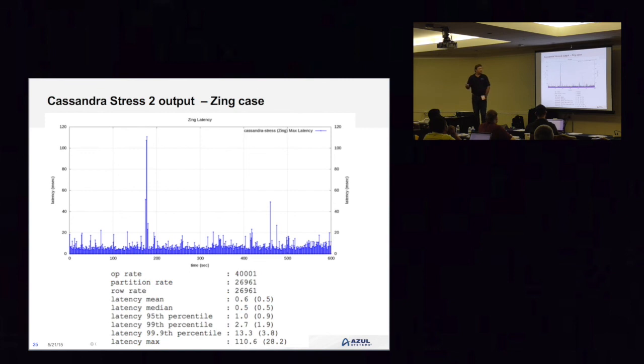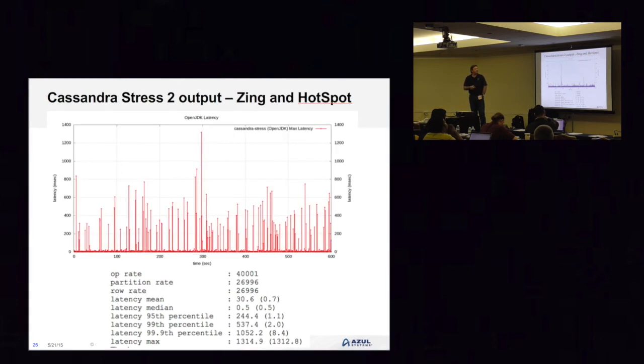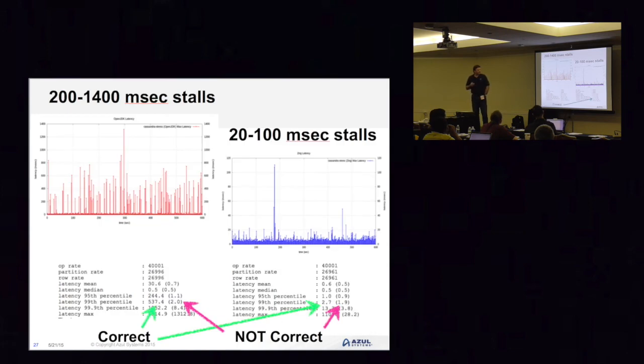And here's again another case of what's presented as fact looks like we saw before. There's some scatter, but a couple of big spikes. And if you compare it with HotSpot, okay, you got some scatter, got some big spikes. But when you do it side by side, you realize that the correct values are wildly different than the uncorrected values.